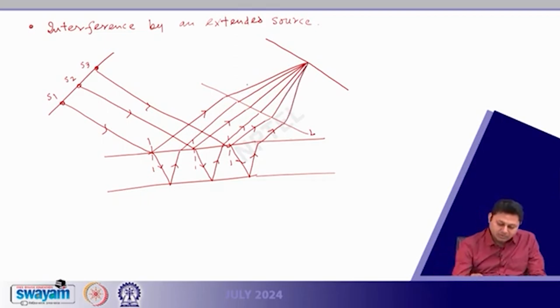This is the point P where all the rays are converged by using the lens, and we are going to see a pattern, maybe a fringe pattern like this. This is the fringe pattern one can expect, and this is my film.